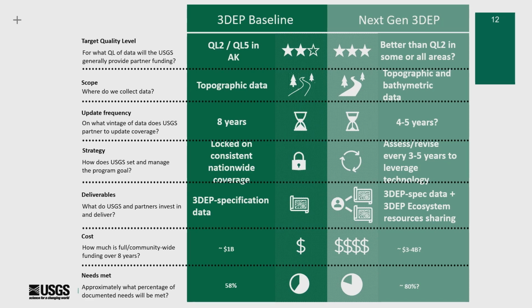The next gen 3DEP is going to be going from a QL2, which was our base specification, about 2 points per square meter, to a QL1, which is about 8 points per square meter of LiDAR point cloud data. It is going to include the bathymetric data. It's going to have a faster refresh time, going from 8 years to about 4 to 5 years.